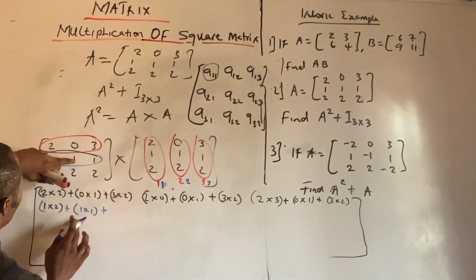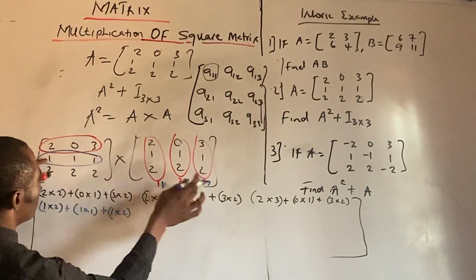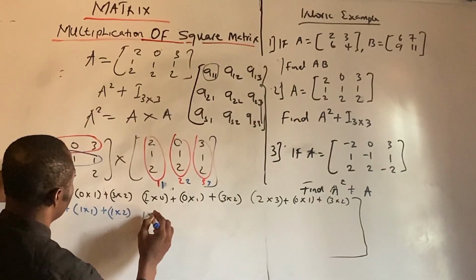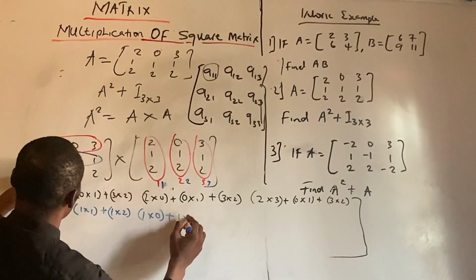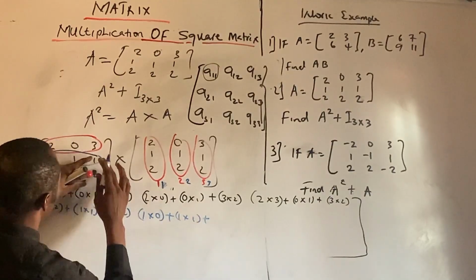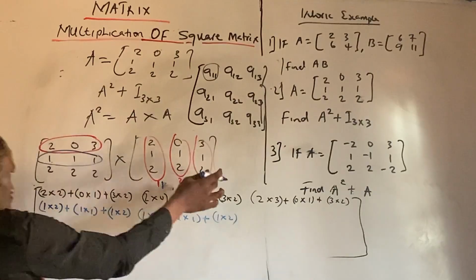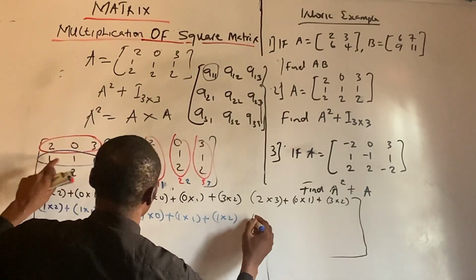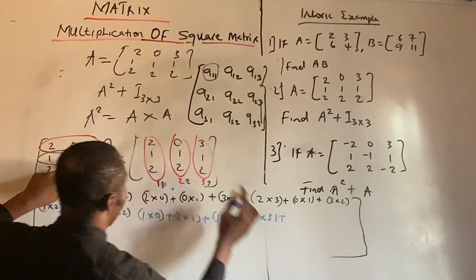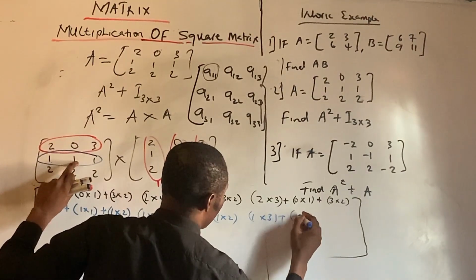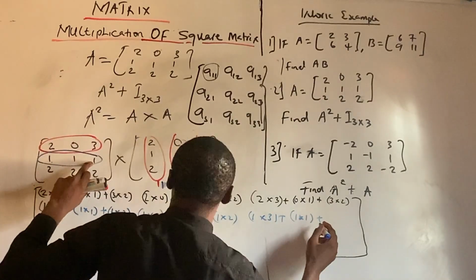We do this to the second one: 1 times 0 plus 1 times 1 plus 1 times 2. We do this to the third one: 1 times 3 plus 1 times 1 plus 1 times 2. Okay?